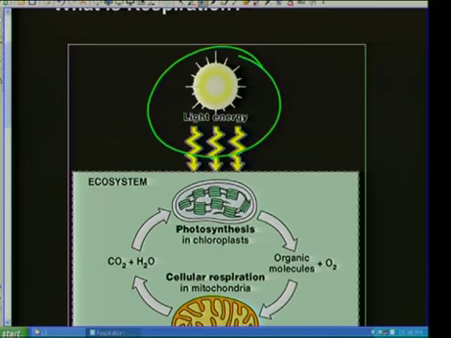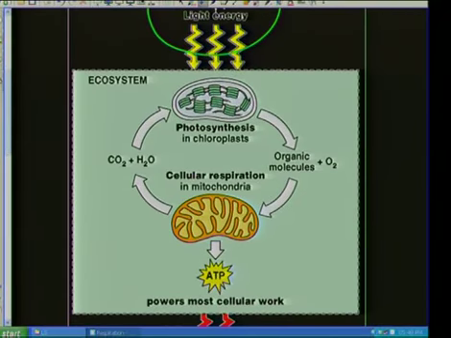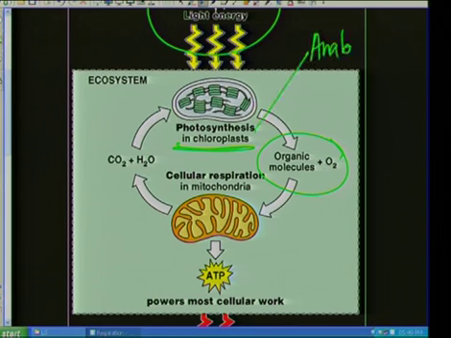Remember, we started when we spoke about photosynthesis that the radiant energy comes from the sun, and these guys in the green plants called chloroplasts trap this radiant energy in photosynthesis and make organic molecules. So they are manufacturing organic compounds, and therefore that's an anabolic process because it is making food.